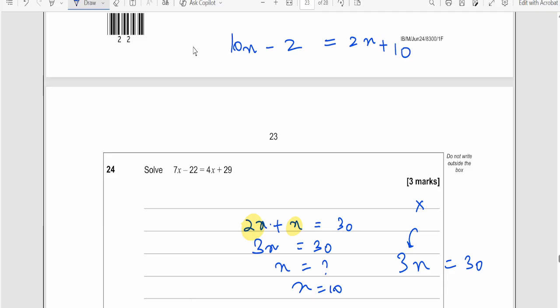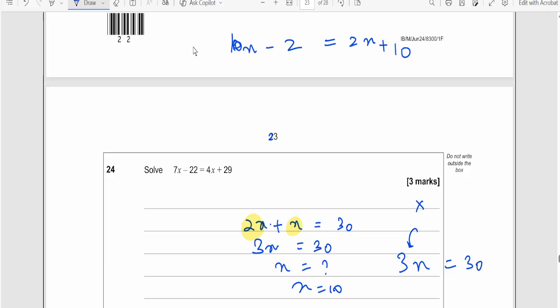Sorry, this is 10x. Is it 5x? The final answer, okay, this is 8.